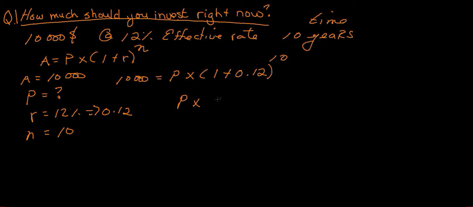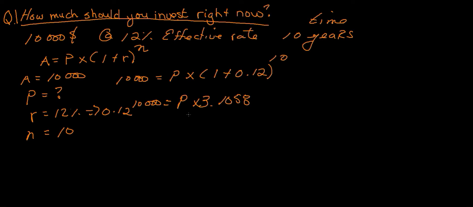First, we're going to pull out a calculator. 1.12 to the power of 10 equals 3.1058, so 10,000 equals P times that. Then we can isolate this.